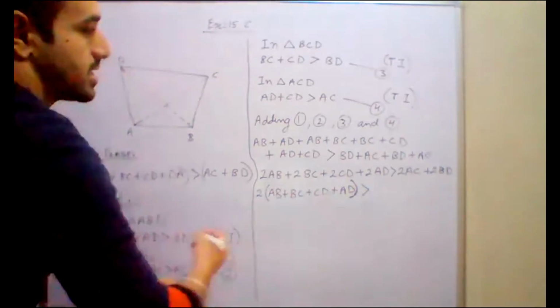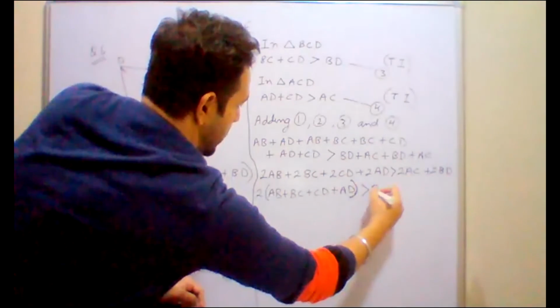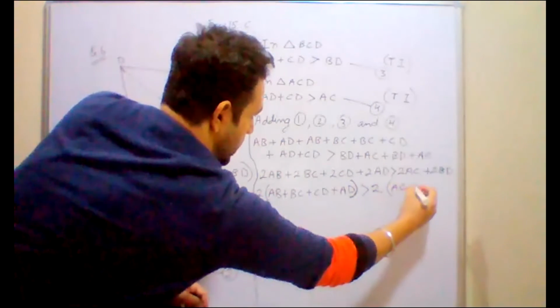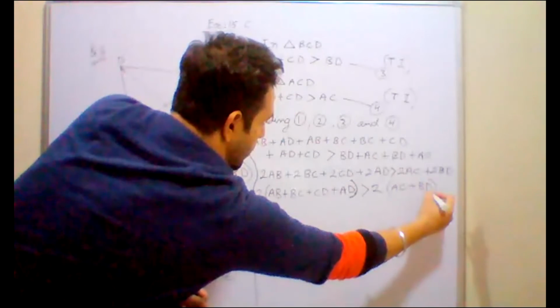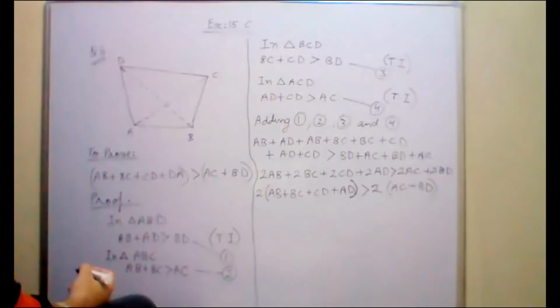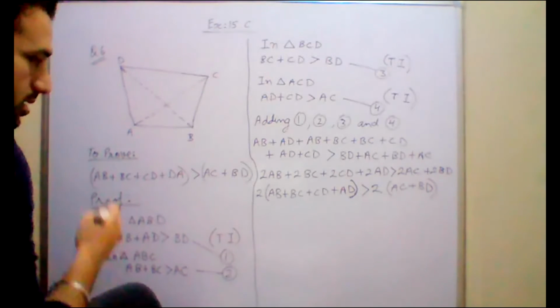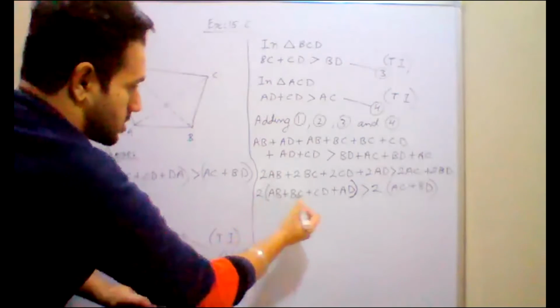Greater than, in the RHS also you will take 2 common from both the terms because both the terms are having 2. So take 2 common. In the bracket it will be AC plus BD. Now you can see that after taking 2 common, you can take this 2 from LHS to RHS.